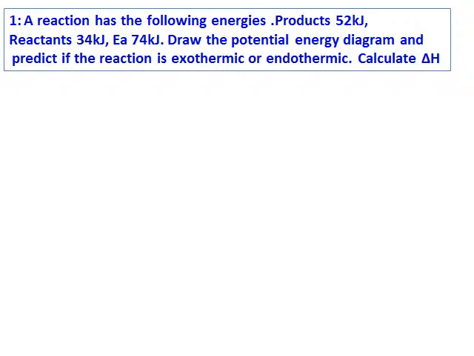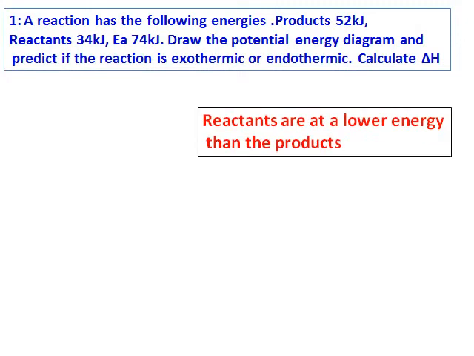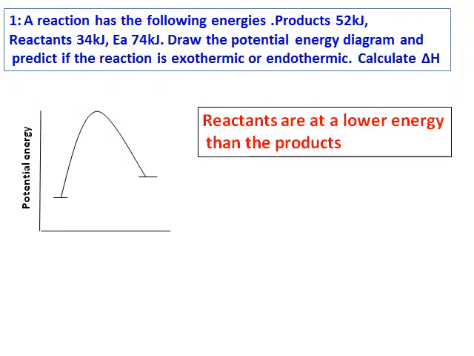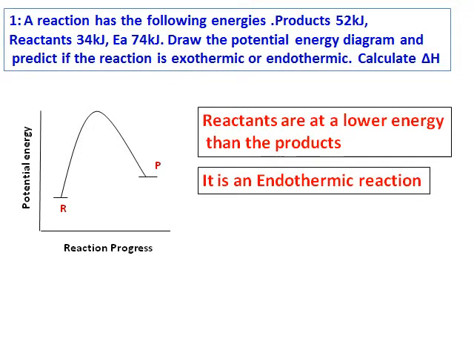So when I look at the values of the energies of products and the reactants, you realize that reactants are at a lower energy than the products, and hence the potential energy diagram will look as shown over there. And the reactants, you can see, are shown at a lower energy than the products. And this is an endothermic reaction, because this is the potential energy diagram for an endothermic reaction.